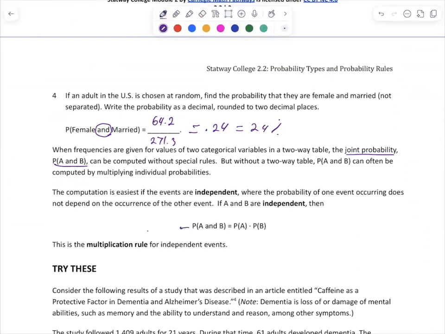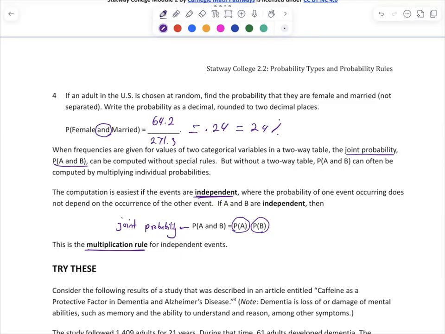So the joint probability is equal to the probability of each one of them multiplied together. This is called the multiplication rule for independent events. So if you have independent events, you're allowed to break down the joint probability into the multiplication of two events' probabilities.